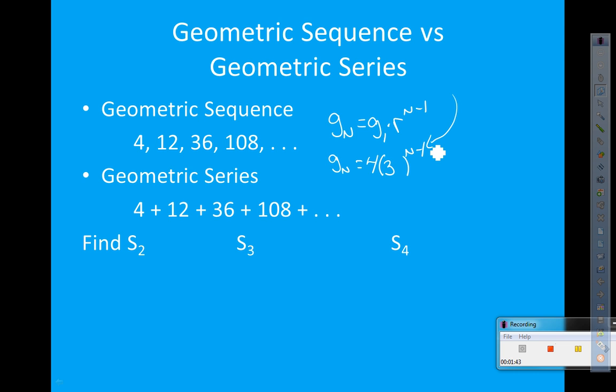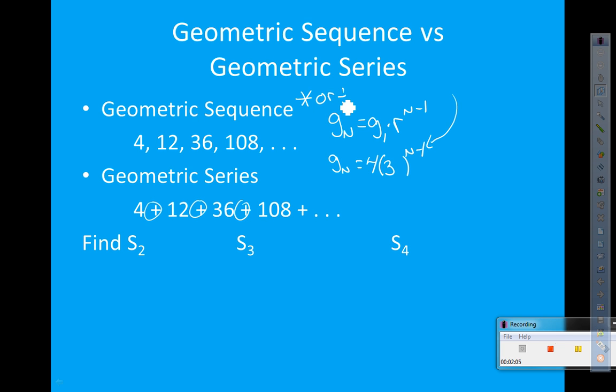It becomes a geometric series when this happens. Notice that I eliminated the commas and I put in addition signs. That made it a geometric series. Once again, it's geometric because I'm multiplying or dividing by the same number every time.